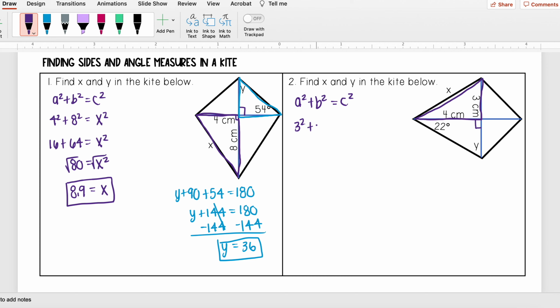So I have 3 squared plus 4 squared is equal to x squared. 3 squared, I get 9, plus 4 squared, I get 16. 9 plus 16, I get 25. And then when I take the square root of both sides, I get that 5 is equal to x.